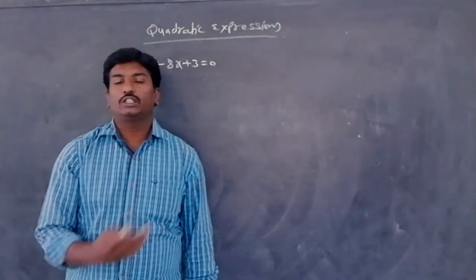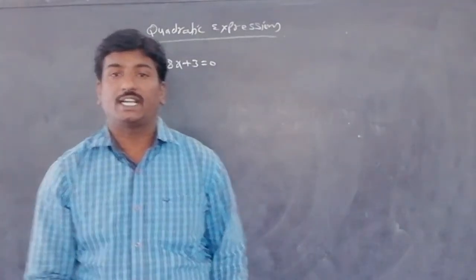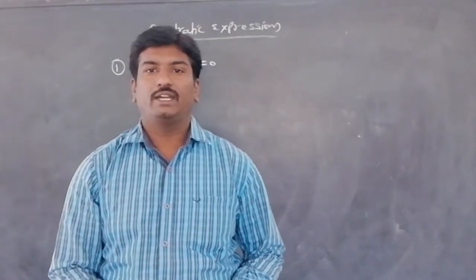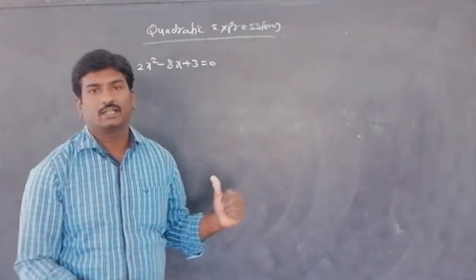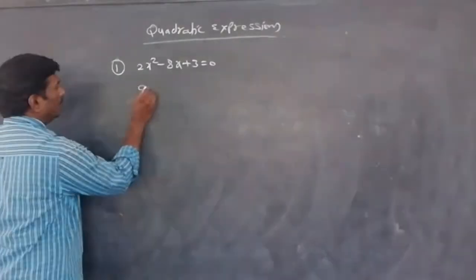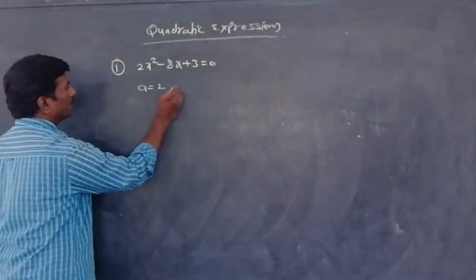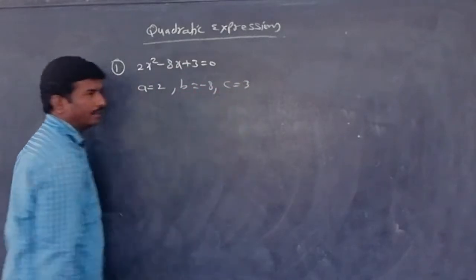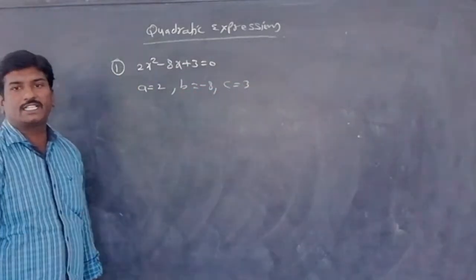Without finding the roots, we can identify its nature by using the discriminant. For that you have to take the values of a, b, c, where a = 2, the x² coefficient, b = −8, the x coefficient, and the constant c = 3.